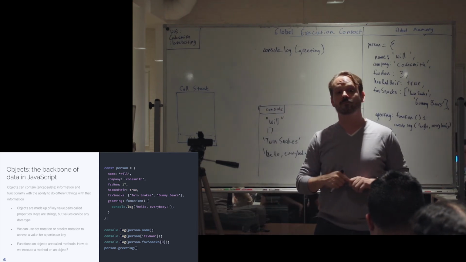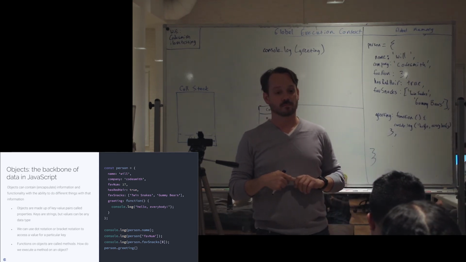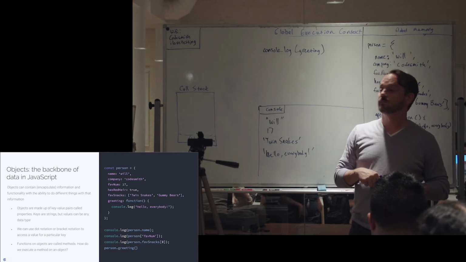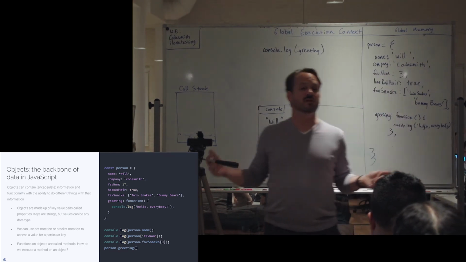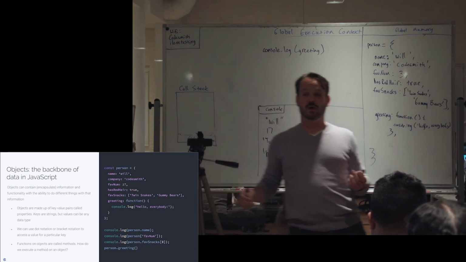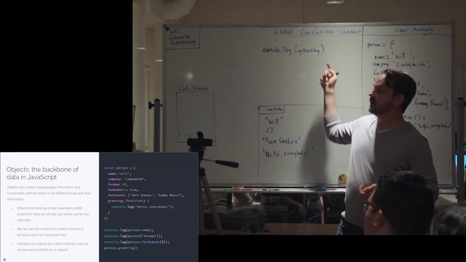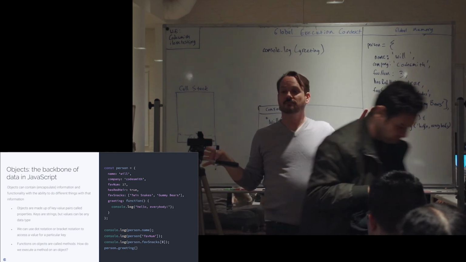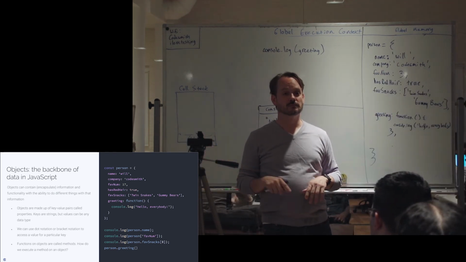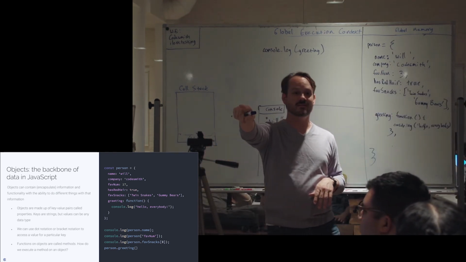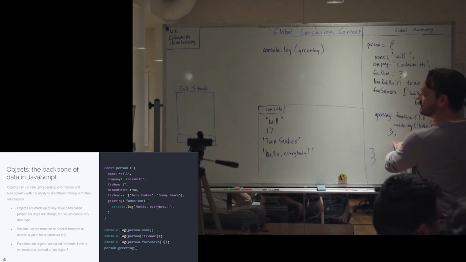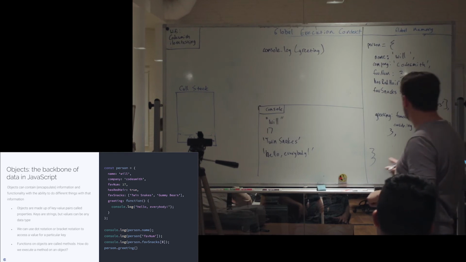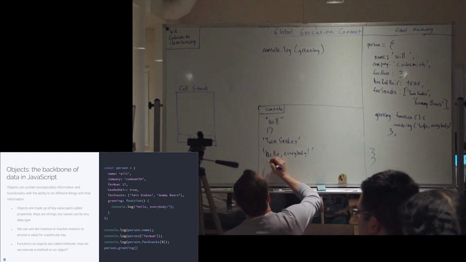I mean, a function, I could call a function 100 times if I wanted to, right? So here, if I'm just saying console log greeting, you're just gonna show the function definition. The function definition, exactly. So greeting equals this.